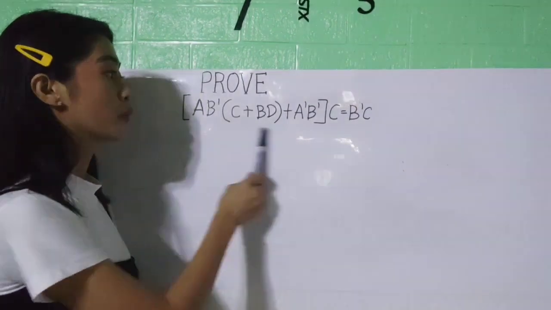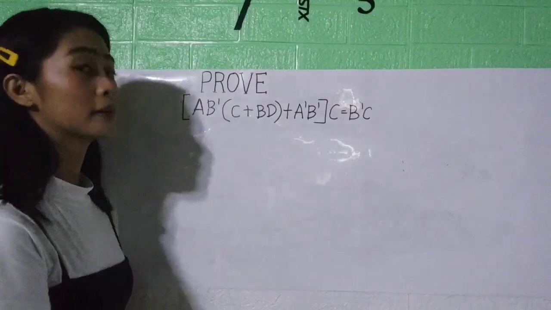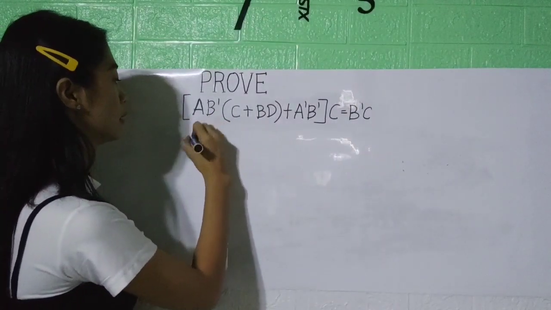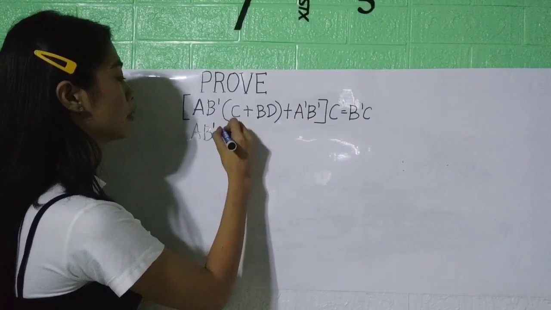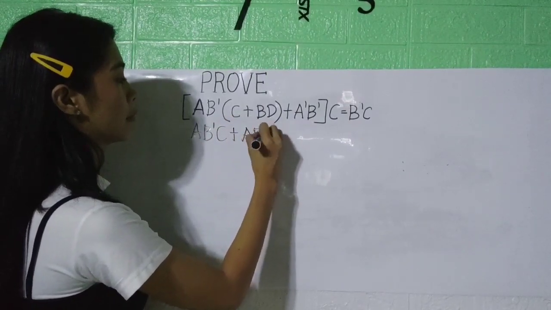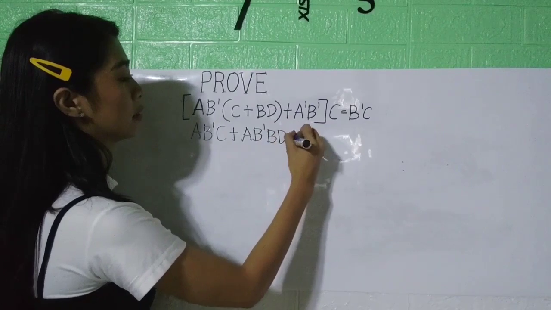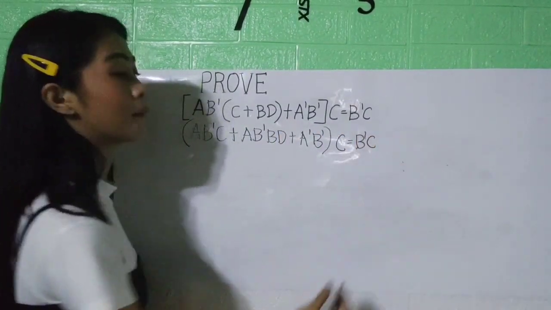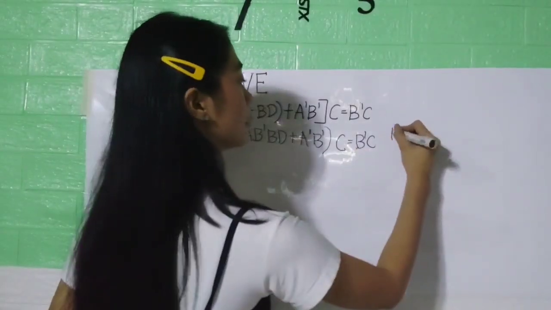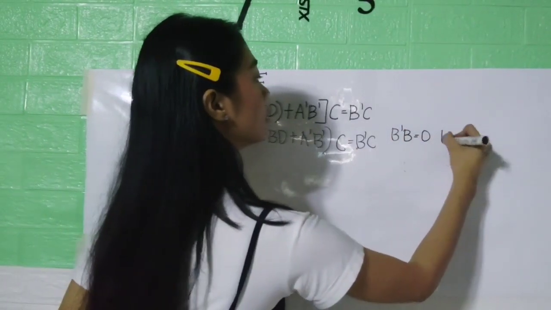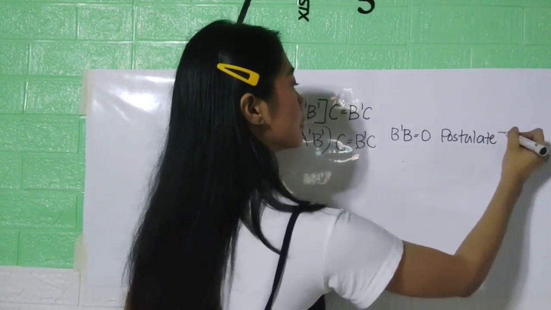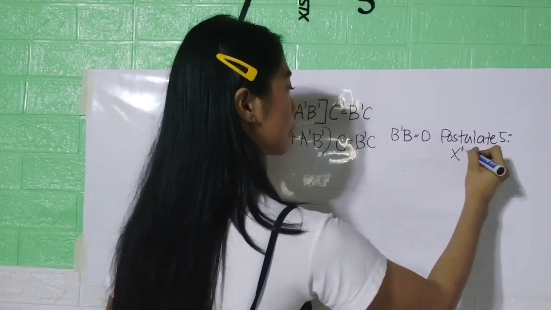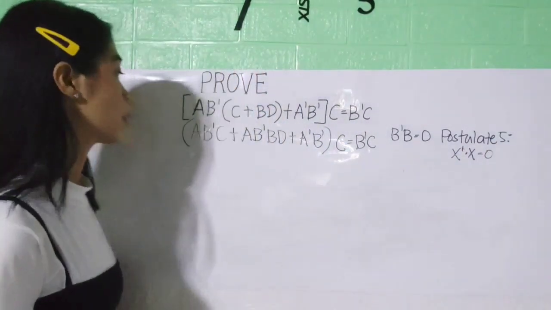So now let's prove that this equation is equal to b'c using Boolean algebra. We distribute this ab' to this equation. It will become ab'c plus ab'b multiplied by c equals b'c. b'b will be equal to 0 because postulate 5 states that x' multiplied by x will be equal to 0.